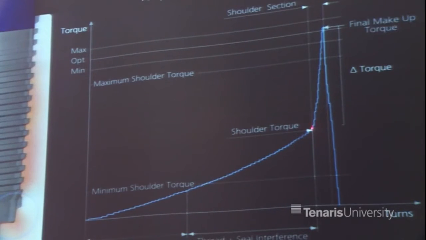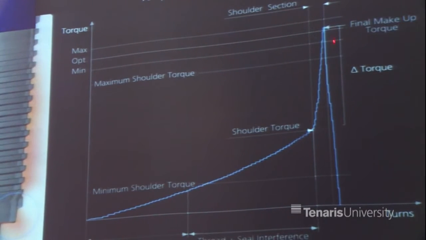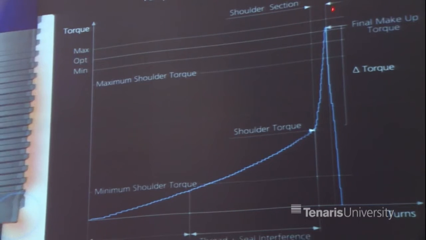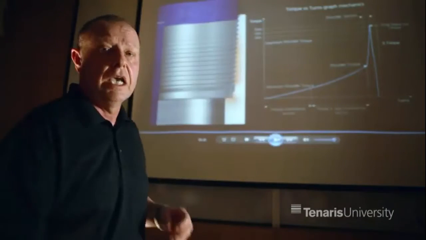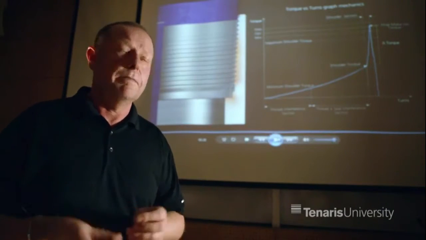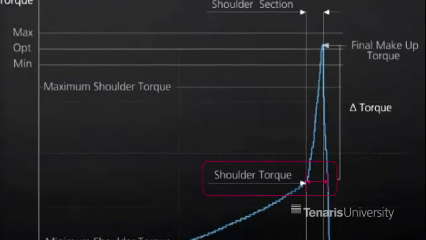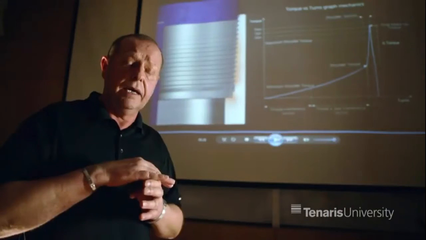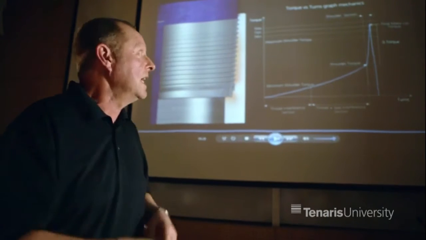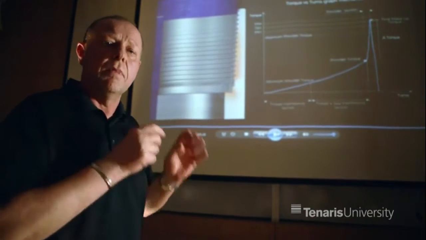This part here, from the shoulder point to this straight vertical line, is called the delta turns. That part there indicates to us how much rotation the connection has actually had after shoulder point, and it must be minimal.